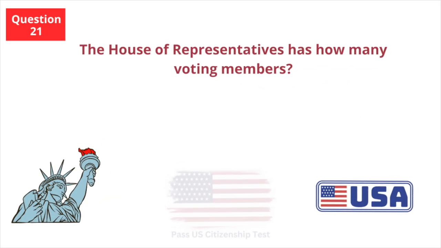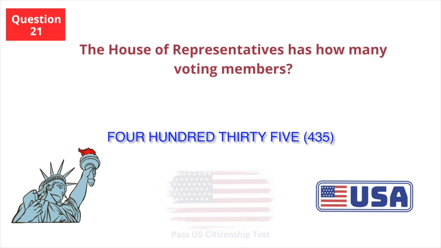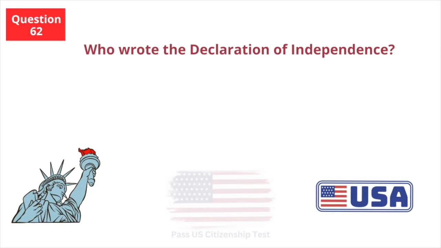The House of Representatives has how many voting members? 435. Who wrote the Declaration of Independence?